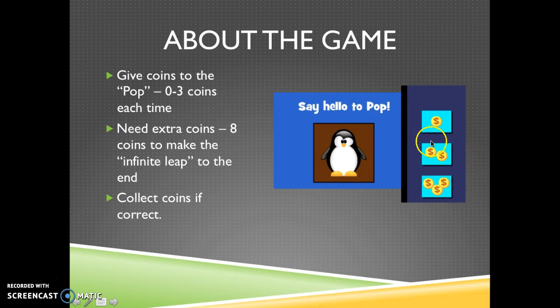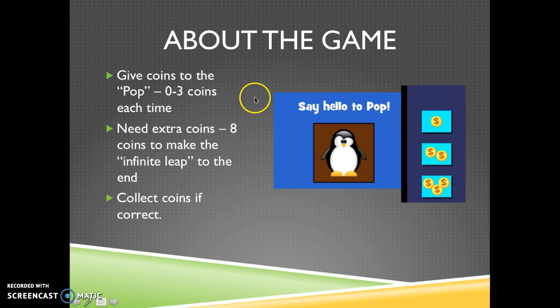They can select 2 coins, a 2-coin question, and solve a 3-digit place value problem, or they can collect 3 coins and solve a 4-digit place value problem. So the coins are an important part of the game and a part of the strategy to win the game. So that's a little bit of a motivator for students to maybe challenge themselves to try a harder question and practice some more difficult math thinking skills.